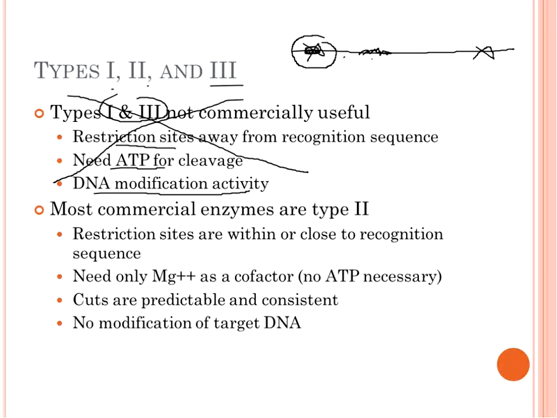So most of the commercial enzymes are type 2. So what's nice about type 2? Their restriction sites are within or close to the recognition sequence. Do we know the difference between a restriction site and a recognition sequence?